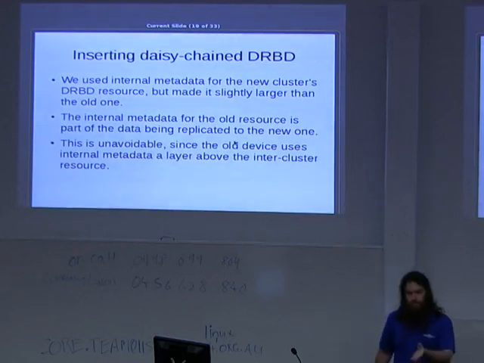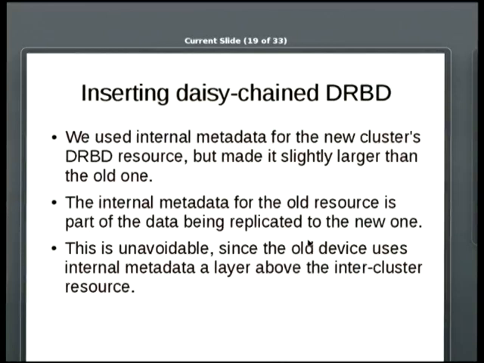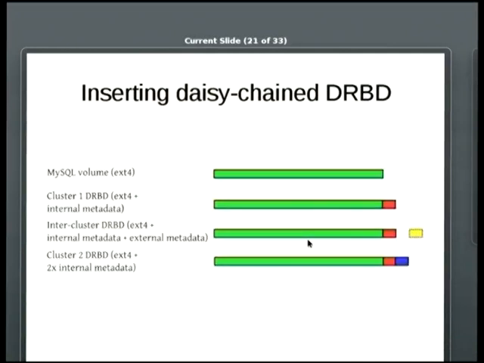So we did this as normal for the new cluster that we provisioned. So on that diagram with cluster 1 and cluster 2, both the internal links have internal metadata, but we made the new cluster's volume slightly larger than the old one. The reason for this is, actually I have a diagram here that shows quite well.